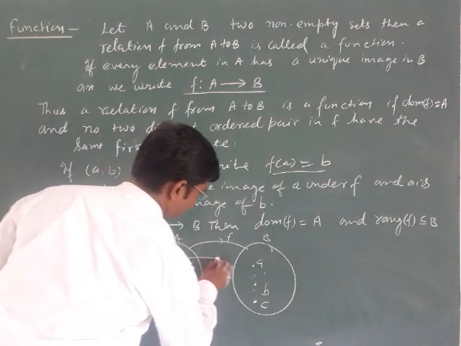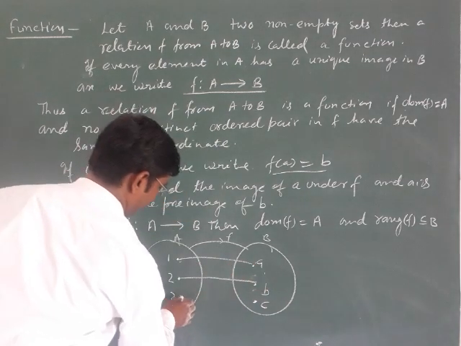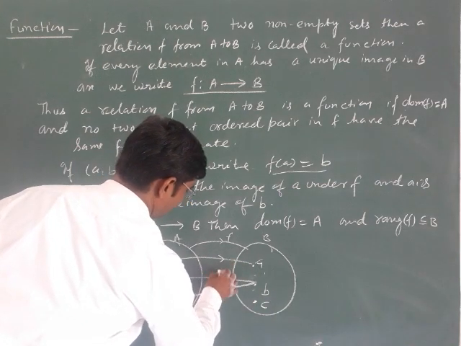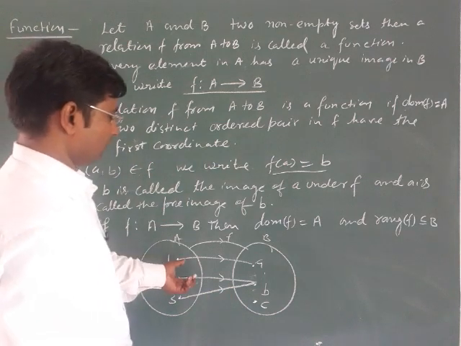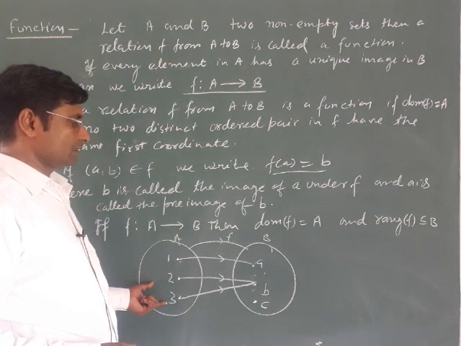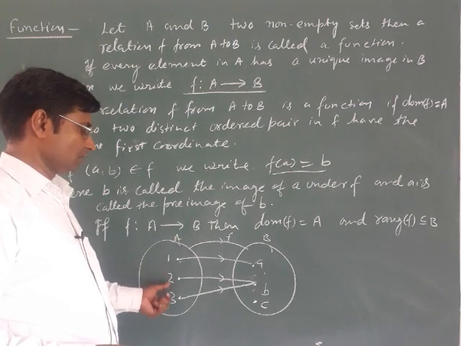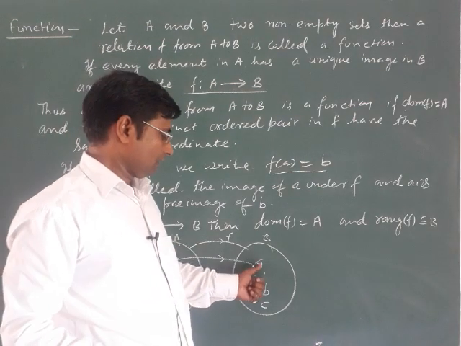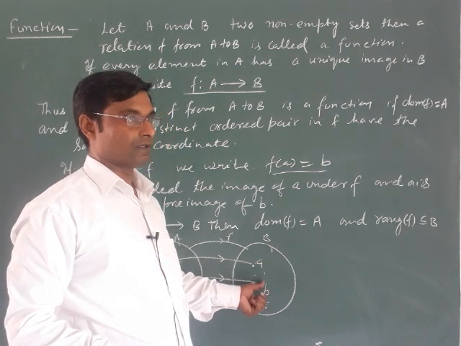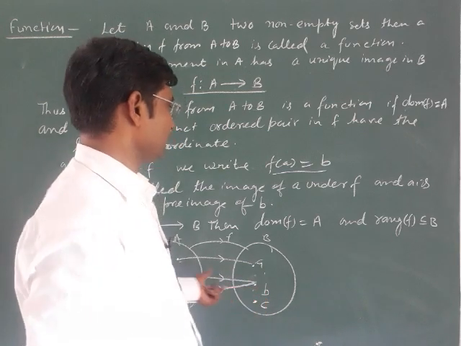So 1 is related to a, 2 is related to b, and 3 is related to b. So this is called a function. So 1, 2, 3 are the domain; set A is called the domain. Elements a, b, c are the codomain, and a, b are the range of the given function.